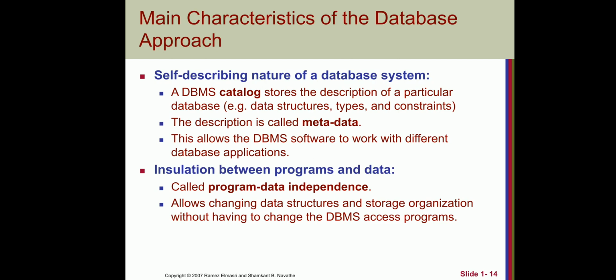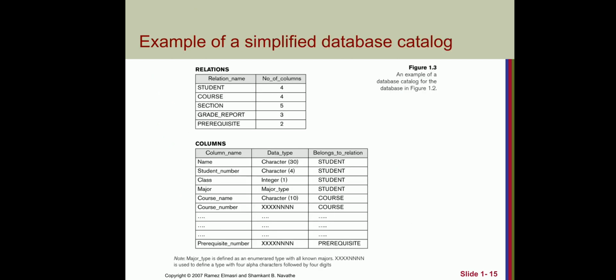For example, let us assume that in a student table we have four attributes: name, student number, class, and major. Let us assume I want to add another field, the date of birth of a student.